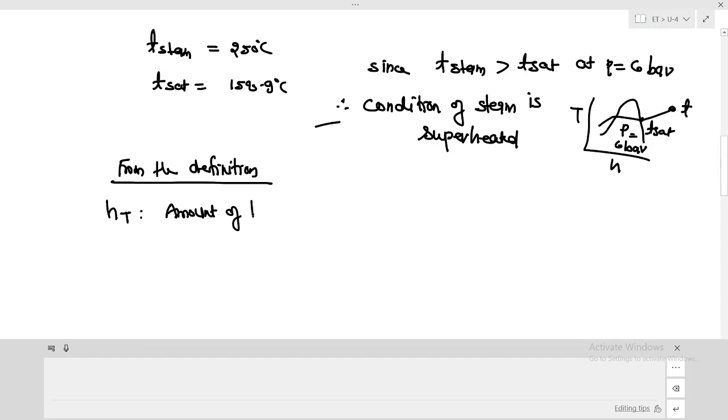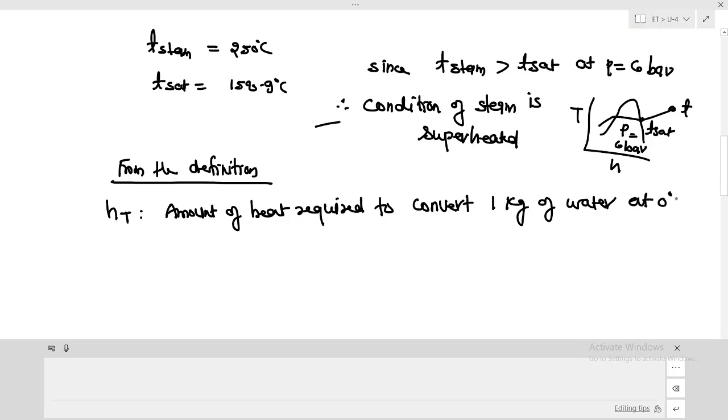Amount of heat required to convert 1 kg of water at 0 degrees Celsius into superheated steam at T superheated temperature.